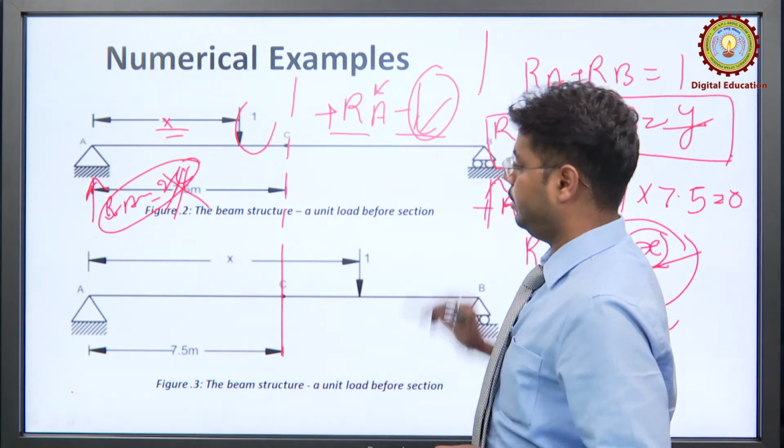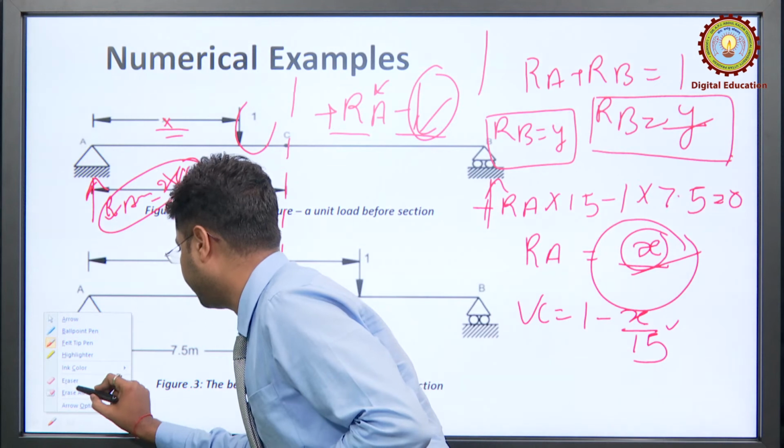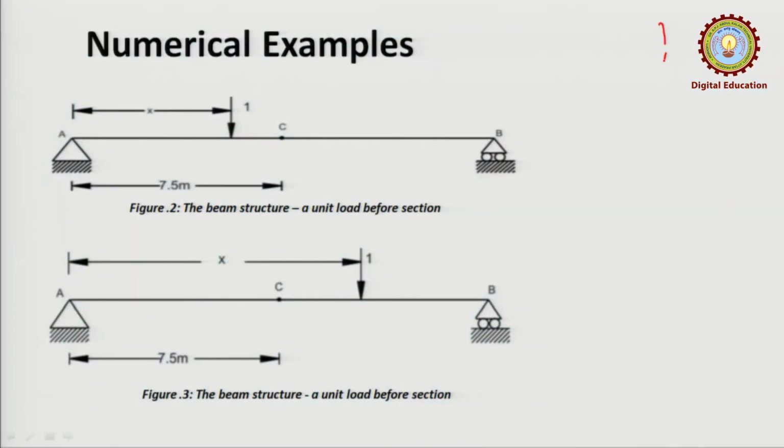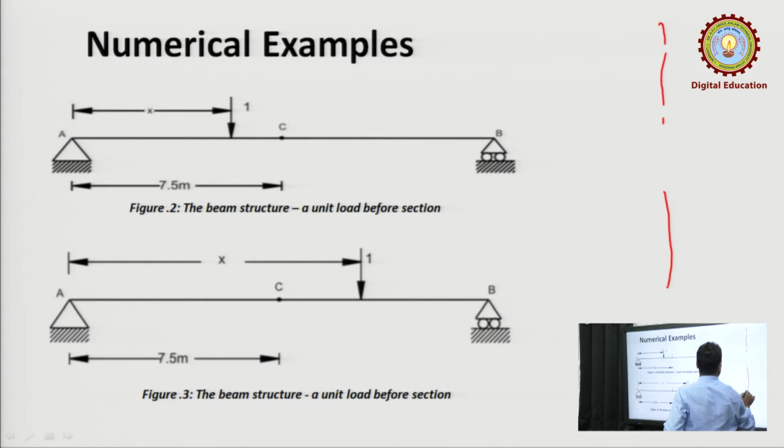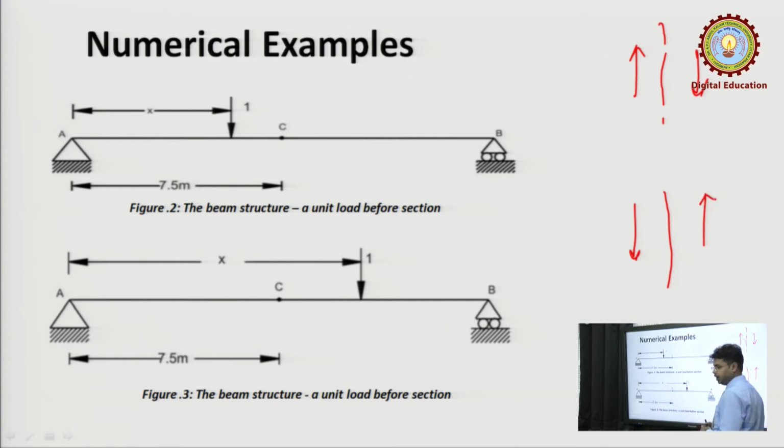I told you in the previous class, if there is a section having a unit load, and on the left side of the section the load is going upward, and on the right side of the section the load is going downward, then we take a positive sign for shear force.